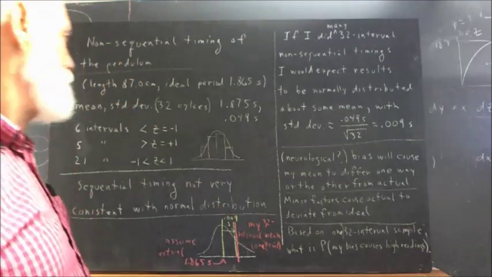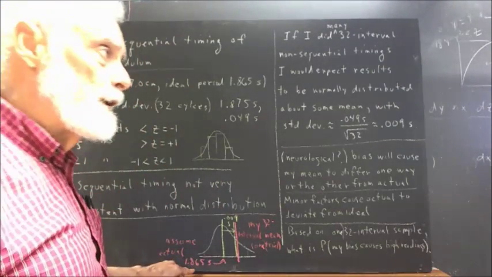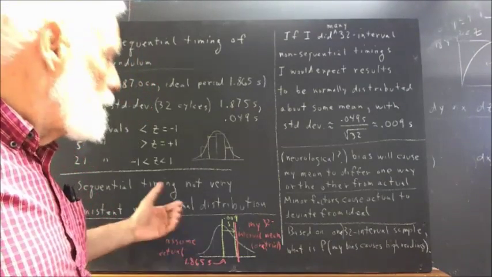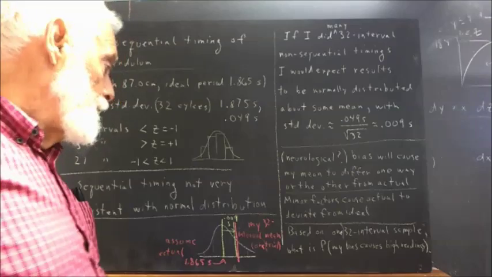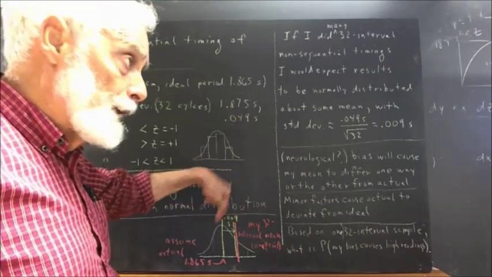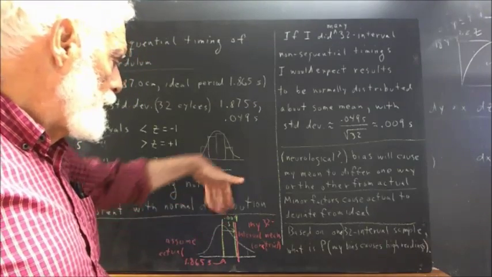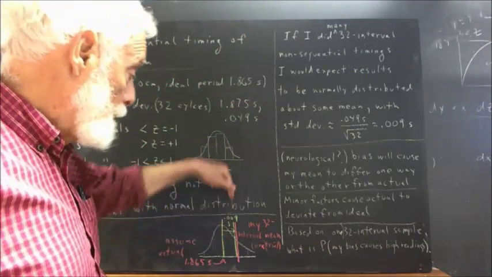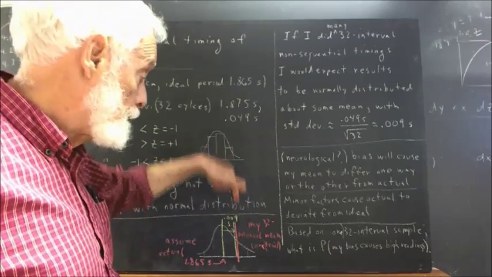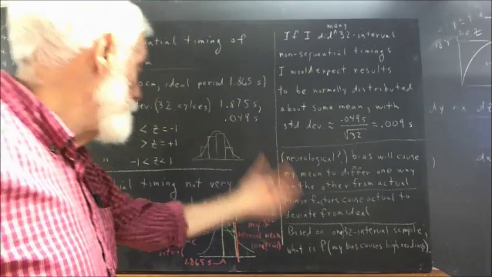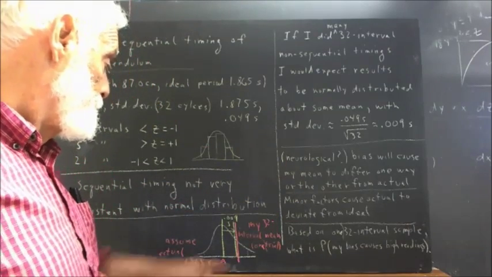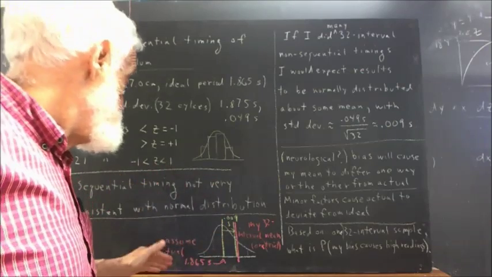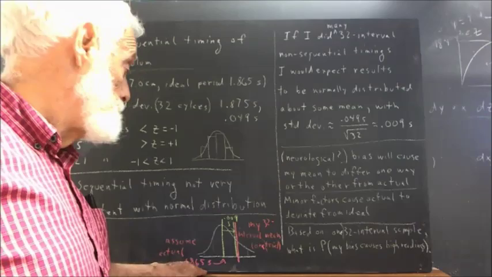I'm saying that even if I was timing with complete accuracy, it would be likely with this much standard deviation that one time in 6 or 7 32 interval trials I would fall that far above. So I could have just by chance fallen this far above the mean. And really, I'm timing it very close to the actual.